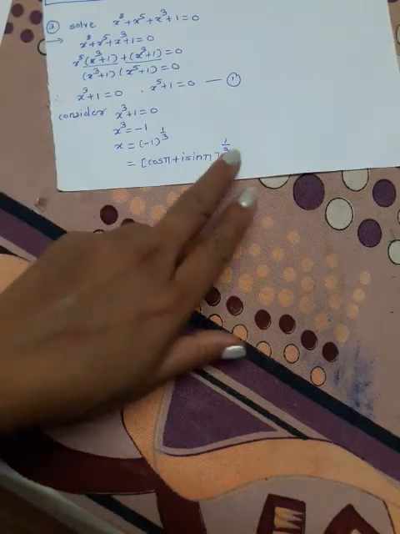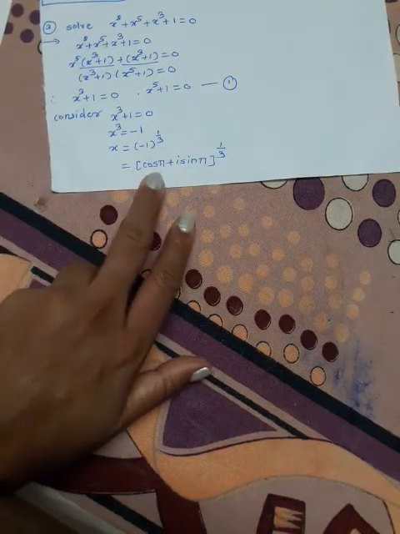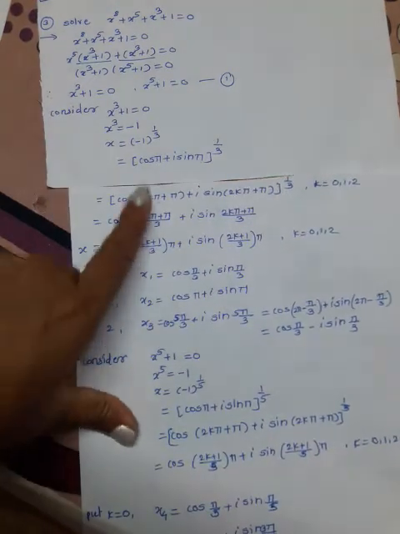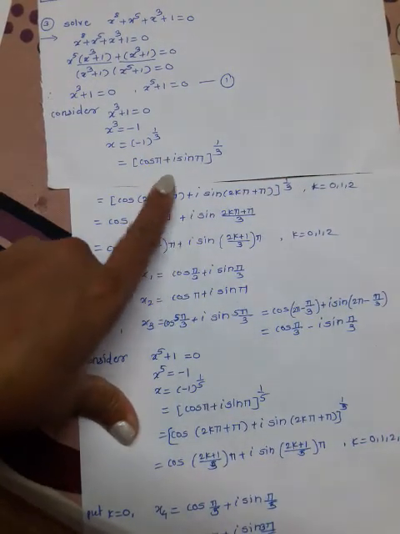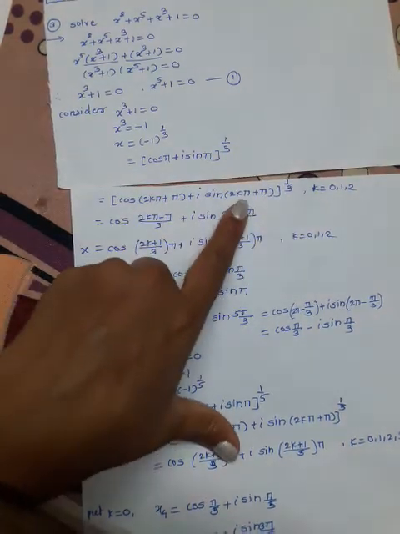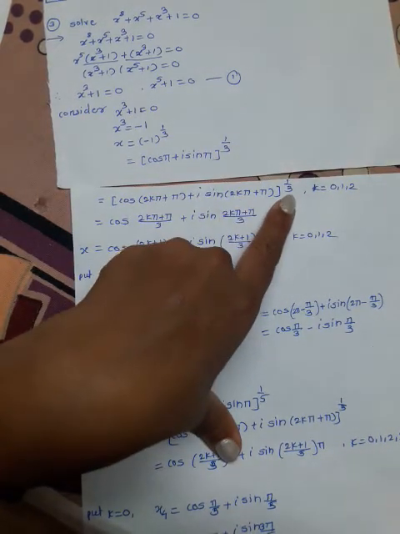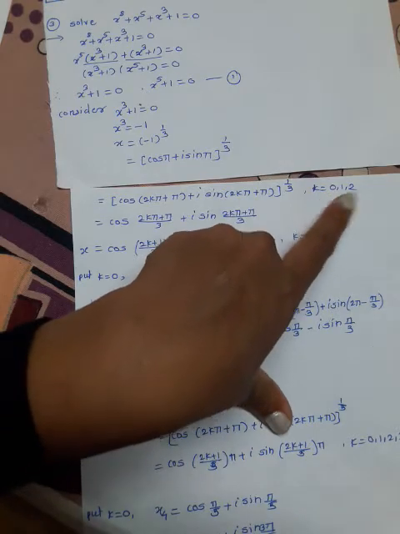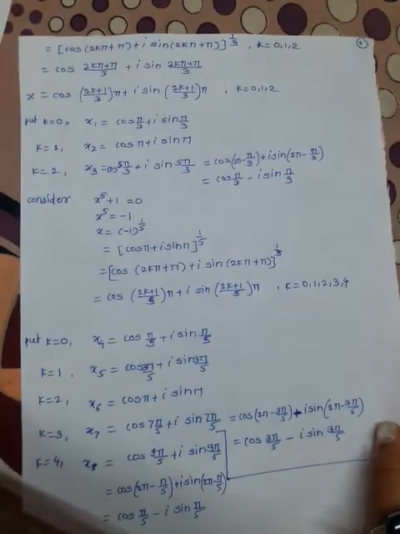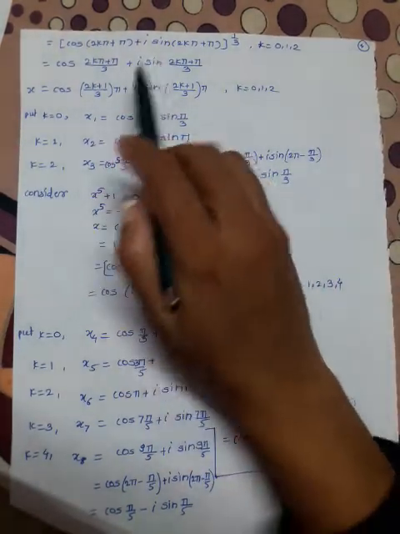Now before taking 1 by 3 inside, we have to add 2k pi. Everywhere steps are the same. Add 2k pi: cos 2k pi plus pi plus i sin 2k pi plus pi, raised to 1 by 3 as it is. And k values, total 3 roots we want. That's why k values are 0, 1, 2. Now take 1 by 3 inside.